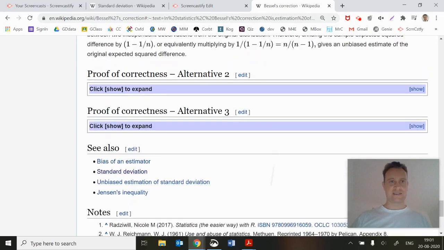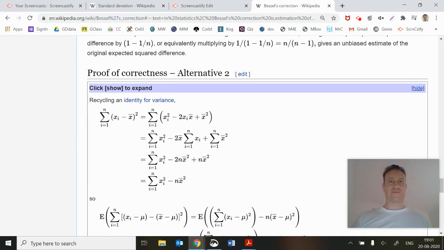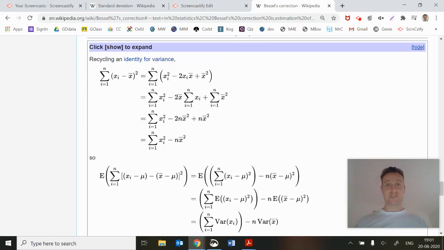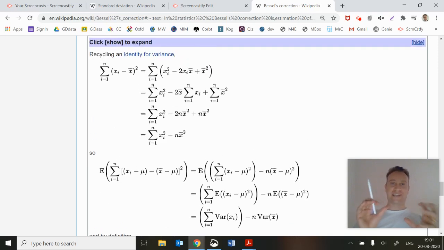I quite liked the second proof of correctness, and this is interesting, or at least potentially interesting. There's a Wikipedia page on this. Some people find it interesting. There are lots of technical parts to this, and I take my hat off to you if you spend an hour trying to go through this.